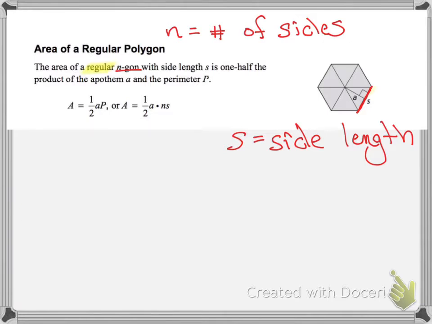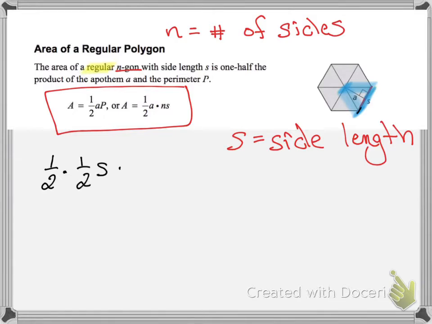So to find the area, I would need half. These equations can seem a little confusing, but if we break it down into the triangles, this triangle here, I would need to take 1/2 to find the area of that triangle. It'd be 1/2 times the base, well, the base is going to be half of the side length, times the height, which is the apothem. Then I'm going to need to multiply that times the number of triangles, times n.